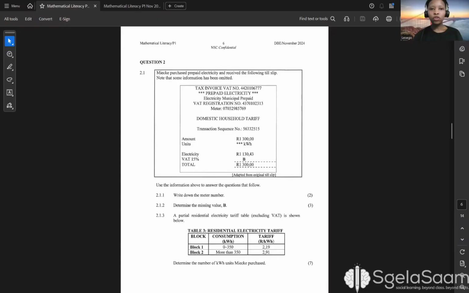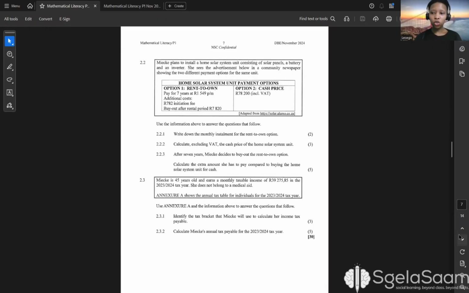Okay. So we will move on to the next question, this next part of question 2. So here we are still looking at Mieke, and we will read the questions again. Okay.